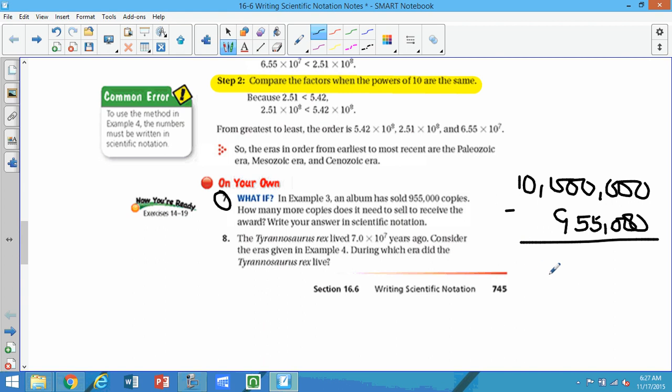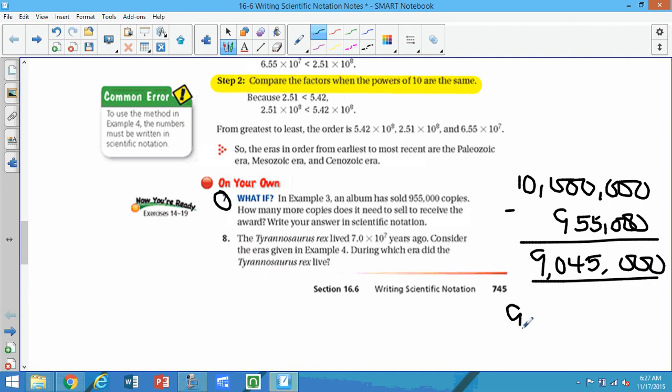When you do that, you're going to get an answer of 9,045,000. So you then have to write this number in scientific notation.